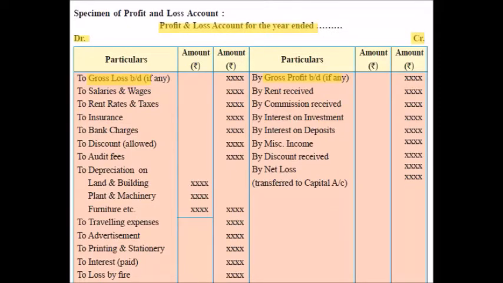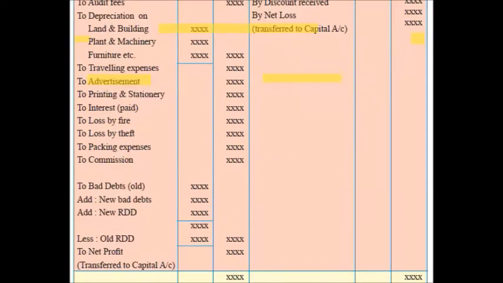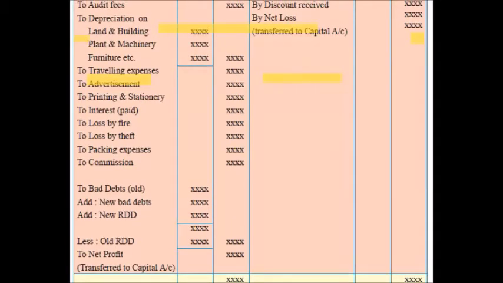And we'll see next: printing and stationery, interest paid, loss by fire, loss by theft, packing expenses, commission, bad debts, new RDD.